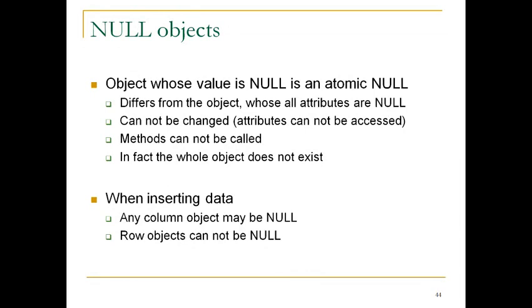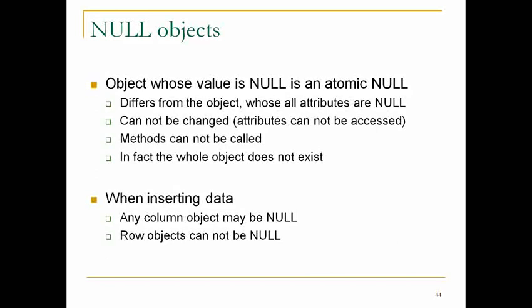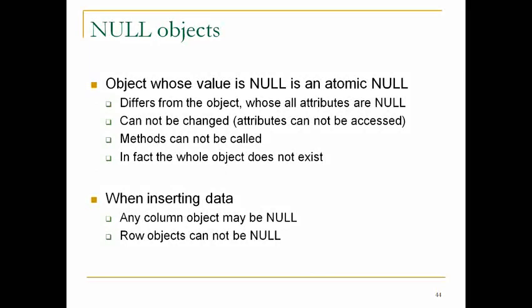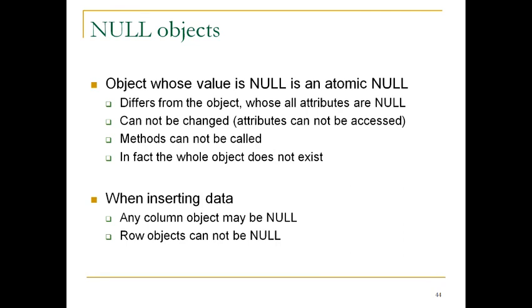So, once more the reminder about the null object. It differs from the object where all attributes are null. Remember it within your labs. You cannot change its attributes, cannot call its methods, and in fact the whole object is empty or non-existent. When you are inserting data, any column object may be null, but any row type object cannot be null. And I think it makes sense.